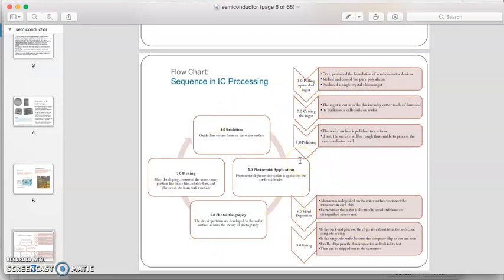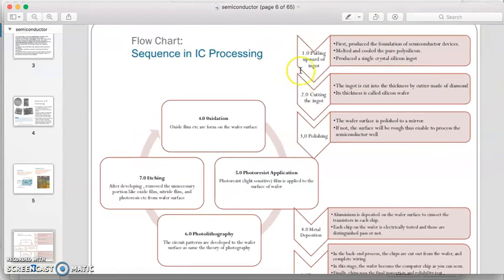Okay, we take a closer look at the first stage: pulling outward an ingot, cutting an ingot, and polishing. This process is to prepare the silicon wafer.